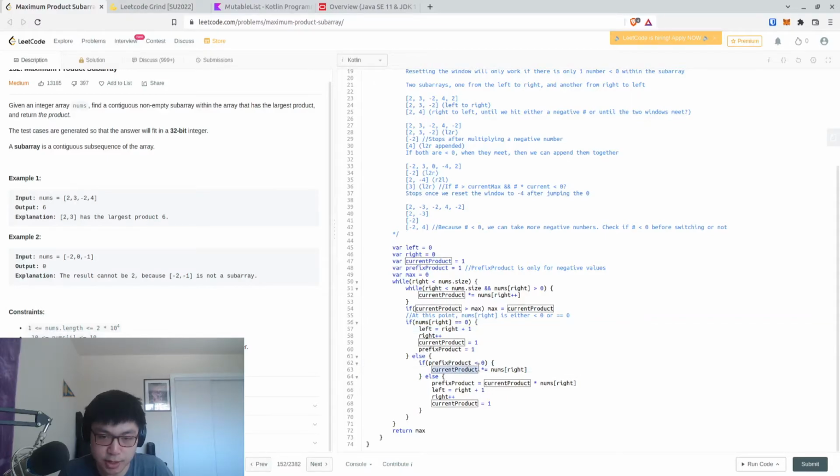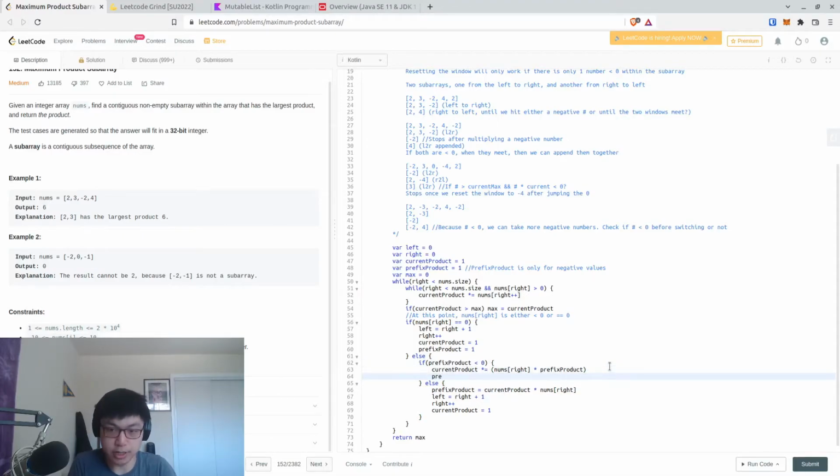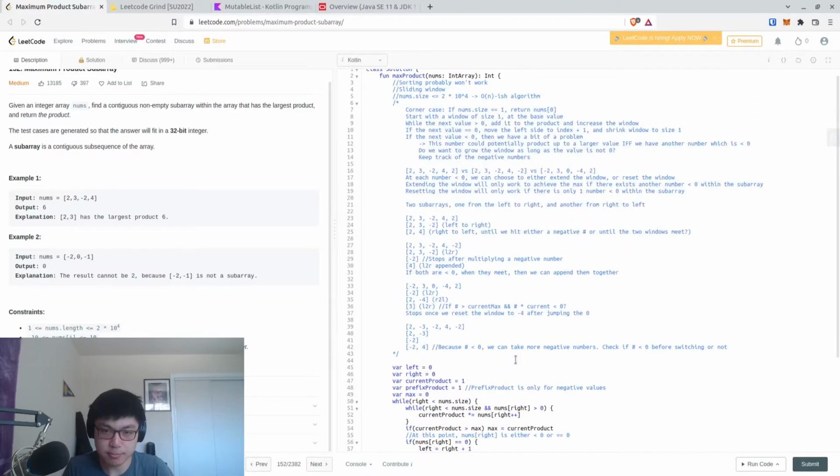If the prefix product is less than 0, then we had a previous prefix product that is less than 0, so we can multiply that into our current product and reset prefix product, right?